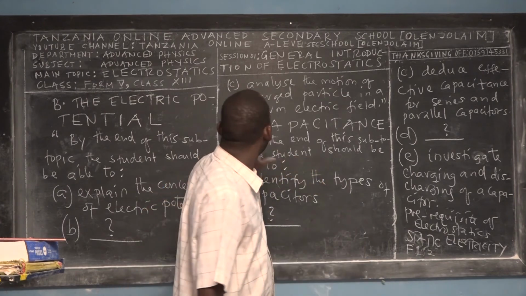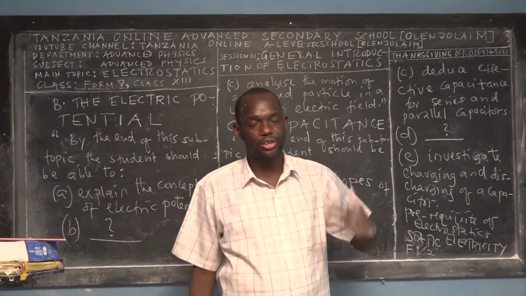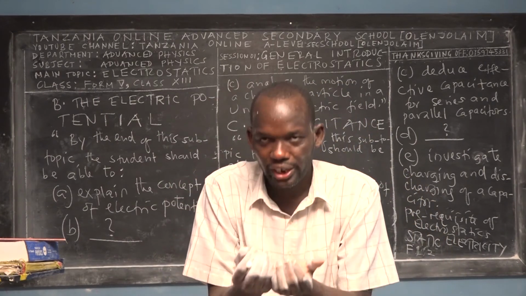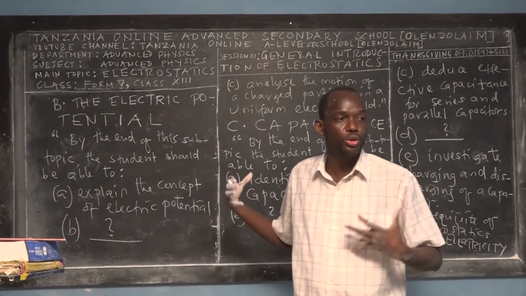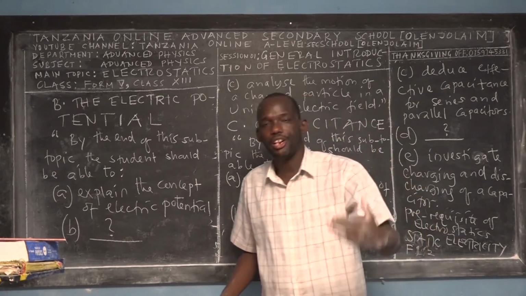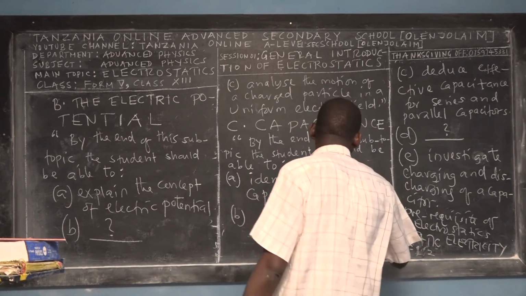However, in the first topic, the general introduction of electrostatics, we are just going to do a quick review, and then we take you onto the new world of the second topic, the electric force, right? So we are going to do a lot of things.